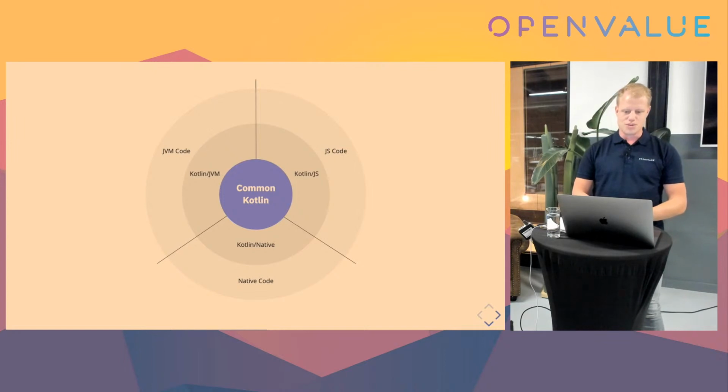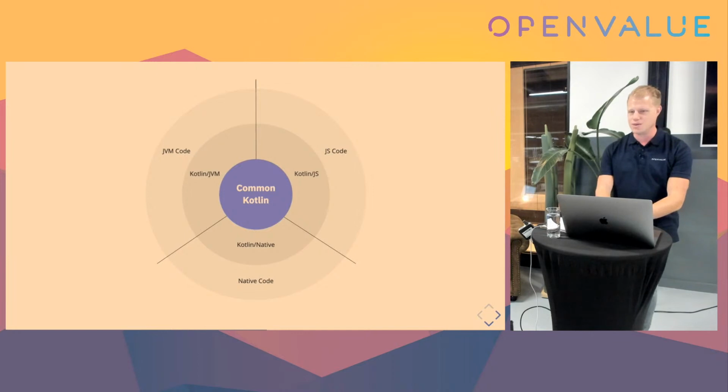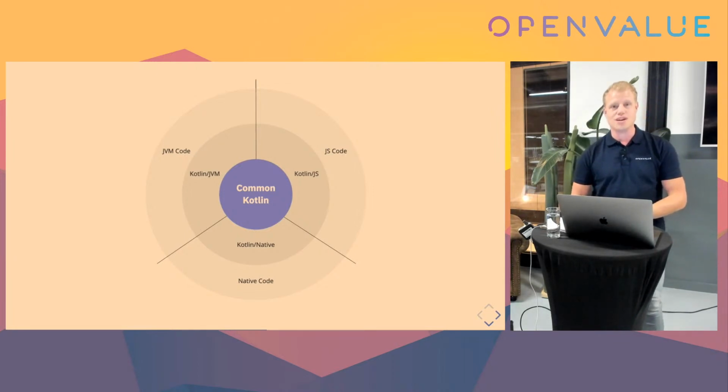If you are using Kotlin/JVM, you can access the JVM code itself, so you can use the classes in the util package. And for Kotlin/JS, you can access everything available within the browser, so you can interact with the window object or the navigator and do things with that. And this is the very basic overview of Kotlin Multiplatform itself.